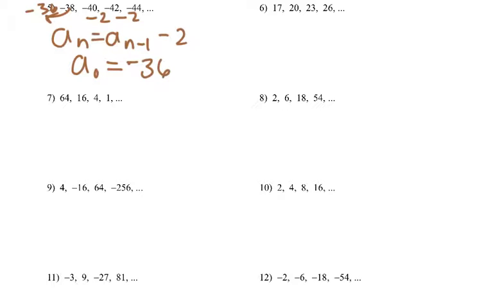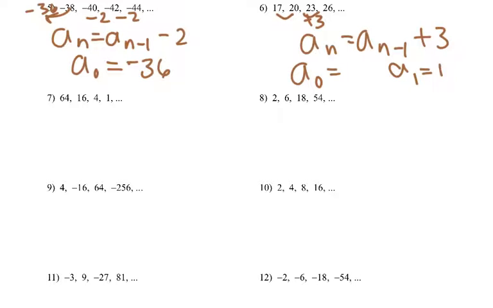So if I were to do that, look at number 6. It looks like we're adding 3 each time. So my growth, a sub n equals a sub n minus 1 plus 3. Normally we do the a sub 0 equals. But in this case, you really could just go a sub 1 equals 17, and that would still work just fine.